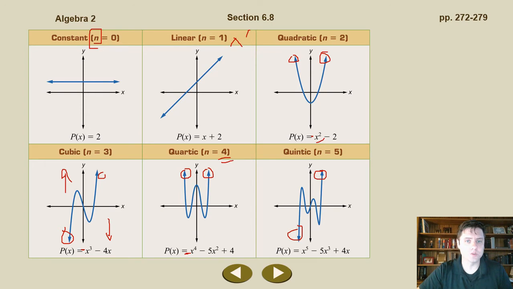For the linear, it's once. For the quartic, it crosses 4 times here. For the quintic, it's crossing it 5 times. Now, this might not always be the case because the quadratic might actually be positioned up or down such that it doesn't actually cross here, which means in those cases you have complex roots that are not real roots, but we'll look at those together.